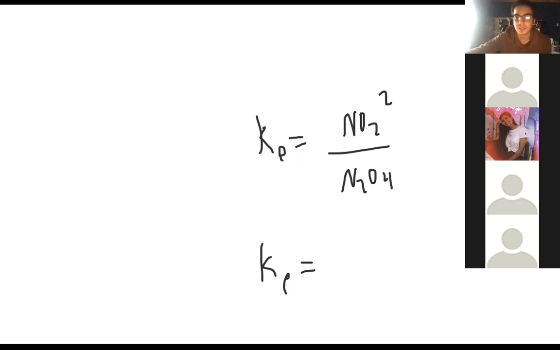Let's see. So we got 1.27 or 1.48 times 10 to the negative 3. It looks like 1.4 times 10 to the negative 3 is a popular answer, so I'll go with you guys.